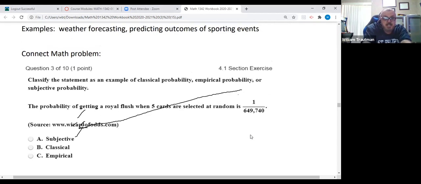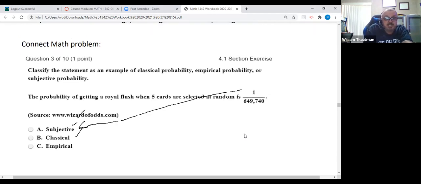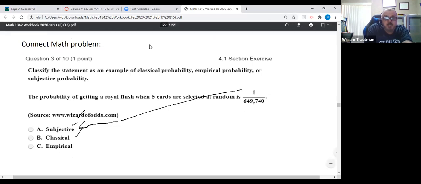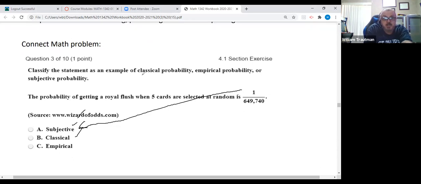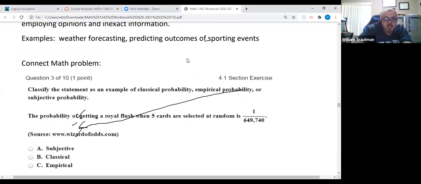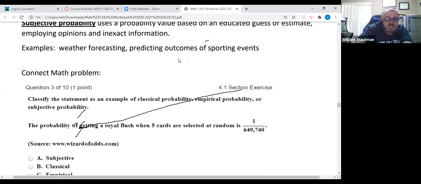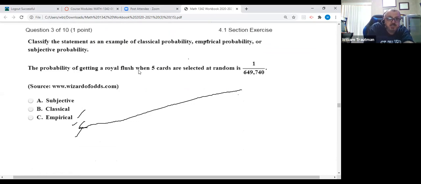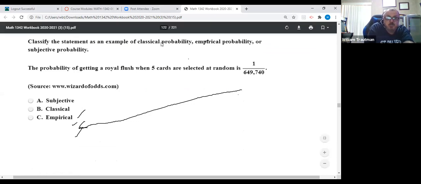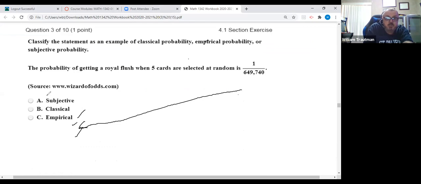Once again, when we look at classical probability, when we look at above right up here, I'm sorry, it's hard for me to move throughout the screen. It won't let me. When we look at subjective probability, it's an educated guess. So the probability of getting a royal flush is definitely not a guess.